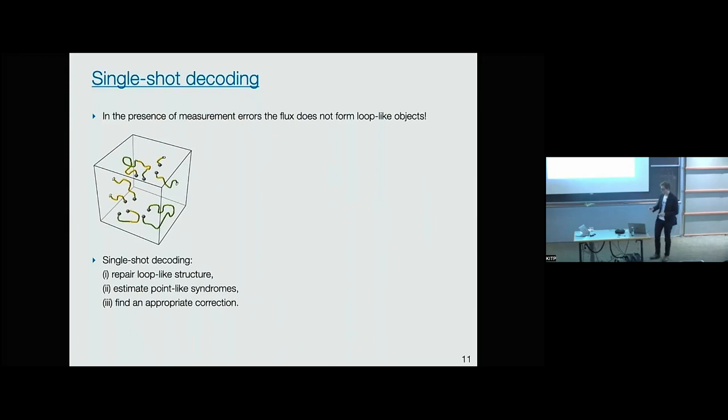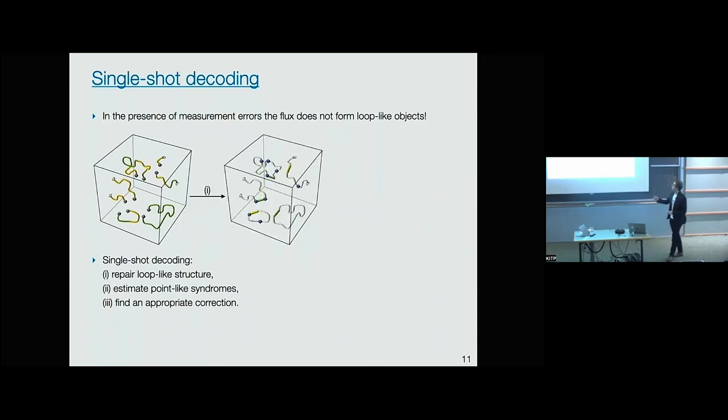An approach to single-shot decoding consists of 3 steps. In the first step, we repair the loop-like structure of the syndrome by closing up those broken loops. Once we have a collection of closed loops, they can terminate at the boundary, but don't pay attention to the boundary. If you have a collection of closed loops, then you can reliably estimate the positions where the green flux turns into the yellow flux. This tells you about the point-like syndrome.